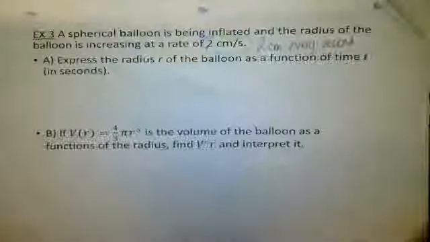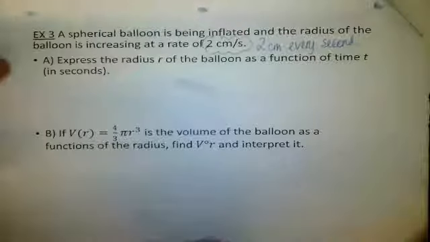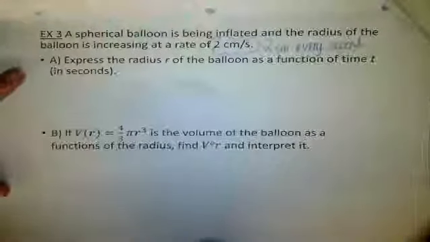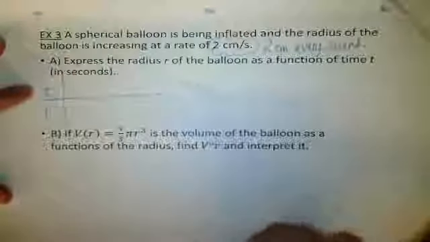I had teachers who would just write up equations, and I never understood where they came from. So maybe you know right off the bat how to write this equation, but I like to do it a little more deductively. I want radius in terms of time. So time is important, and the radius depends on the time.